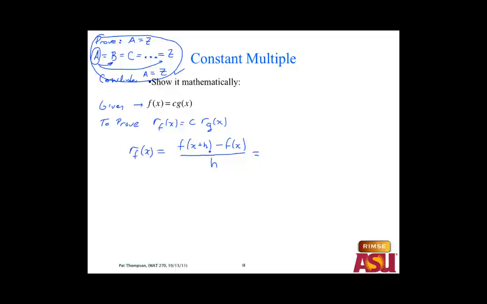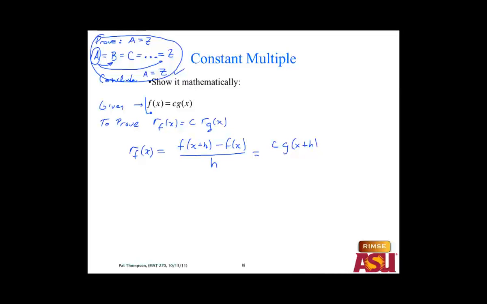What is f of x plus h equal to? c times g of x plus h. Is it right? Just this first part right here. Agree? Not sure. That's a lot of blank stares.